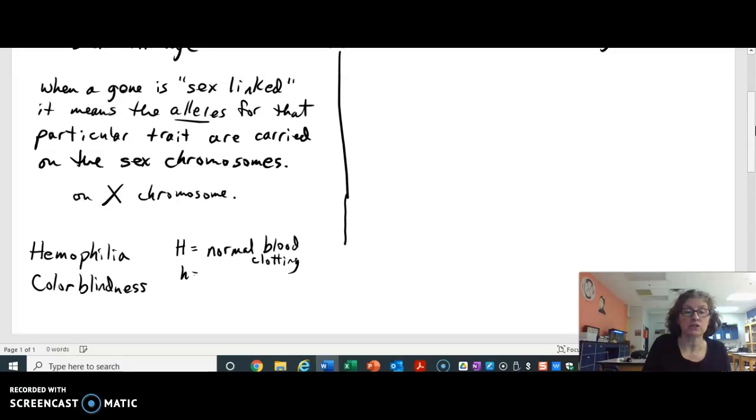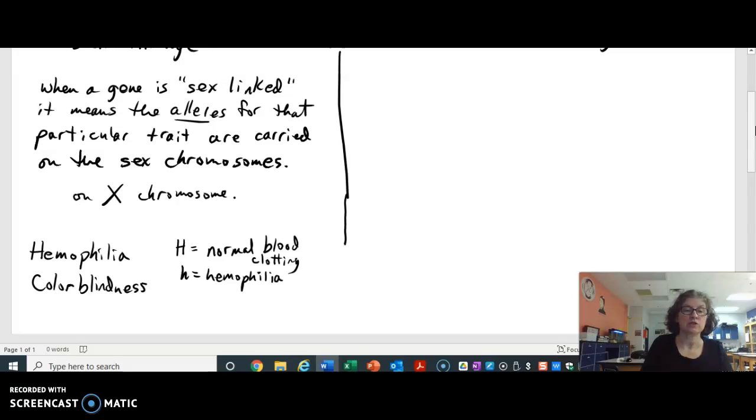So little h is hemophilia, the allele that will make blood clotting not work as well, and that's what a hemophiliac experiences. If they get a wound, the clotting factors that are supposed to come and close up that wound aren't there or aren't functioning correctly due to this genetic condition, right?